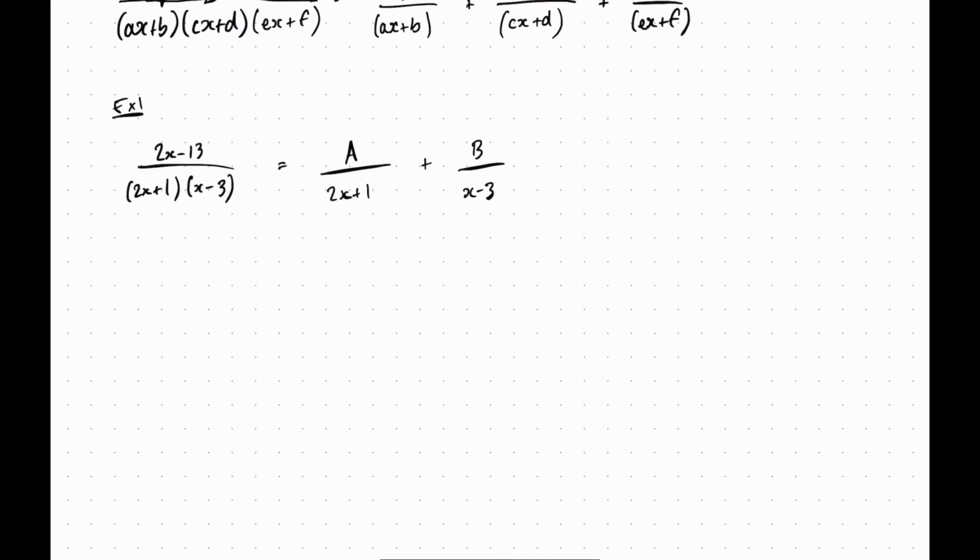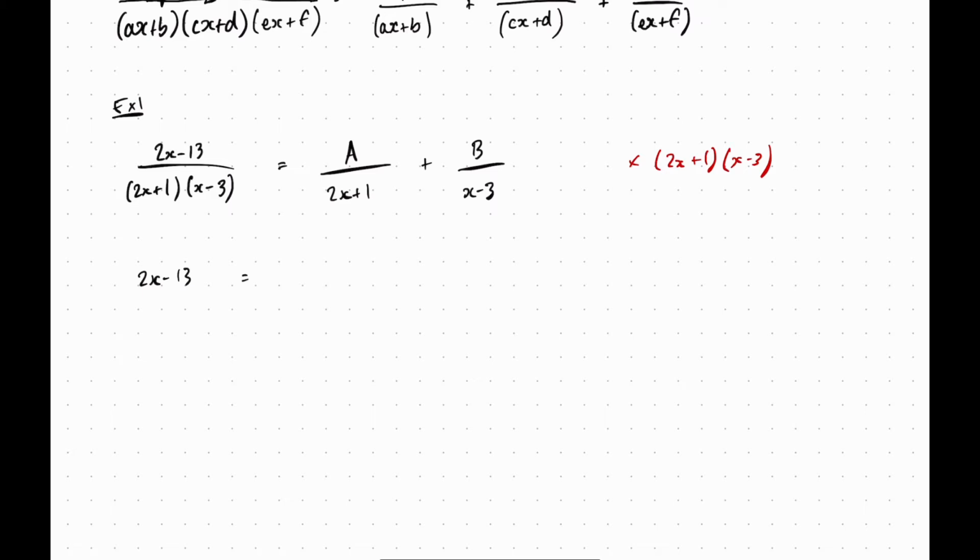Basically, they've got rid of a fraction. Okay? They've got rid of the (2x plus 1)(x minus 3) bit by multiplying through by (2x plus 1)(x minus 3). And when you do that, the left-hand side just becomes our 2x minus 13, because we've multiplied through by the denominator, which means it just disappears.